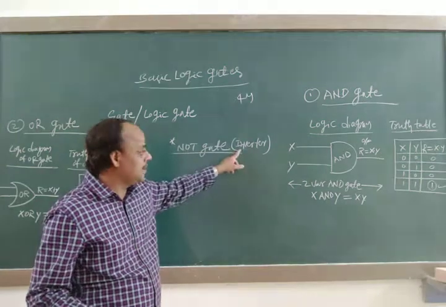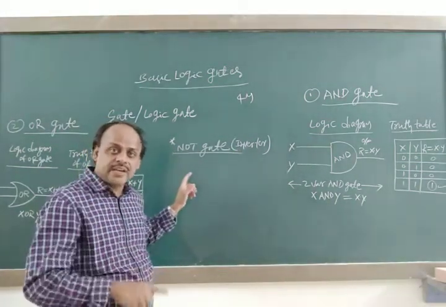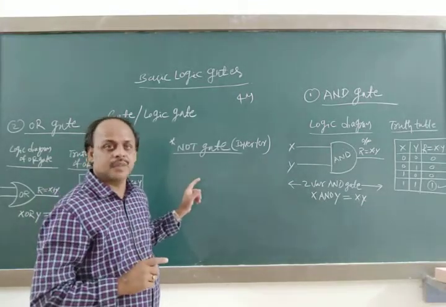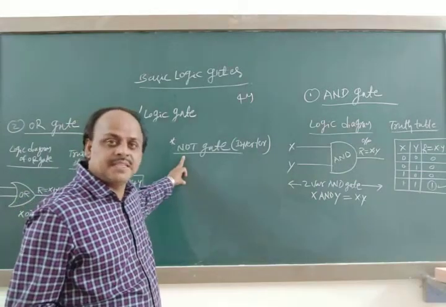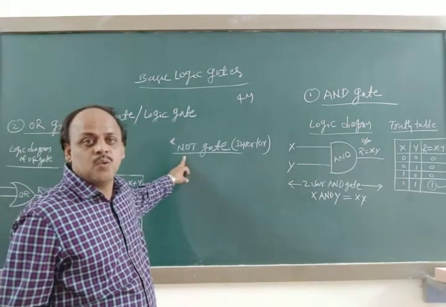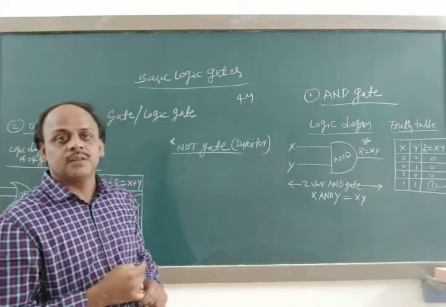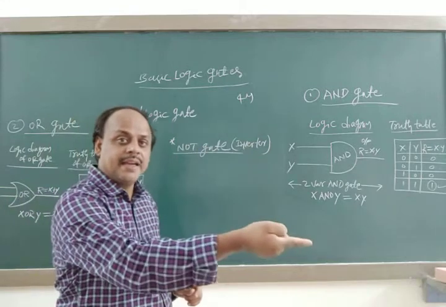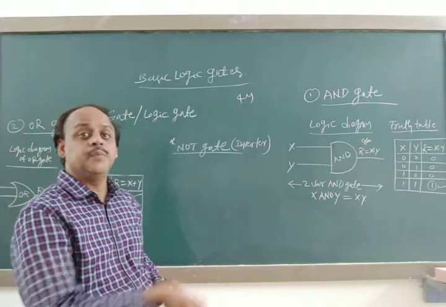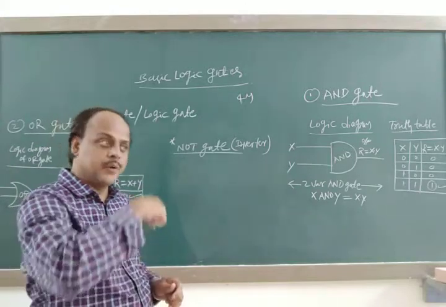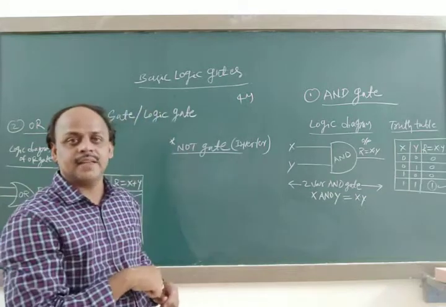NOT gate is also called an inverter. It is called a special gate because it has only one input and one output signal. So we can define NOT gate as one of the basic gates which has only one input signal and one output signal, and it produces high or 1 when input is low, and it produces low when input is high.